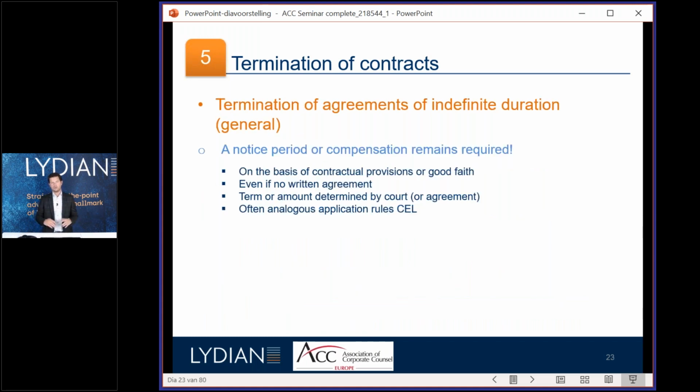For the normal or common agreements, the general ones, it is important, of course, that you provide for contractual provisions which stipulate the notice period. Otherwise it will be assessed, and what we often see is that there's no notice period provided for in an agreement. Then it will be assessed by the court.